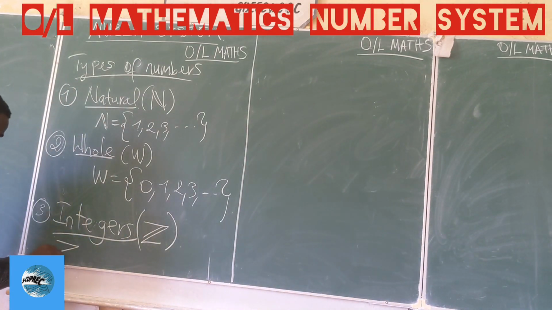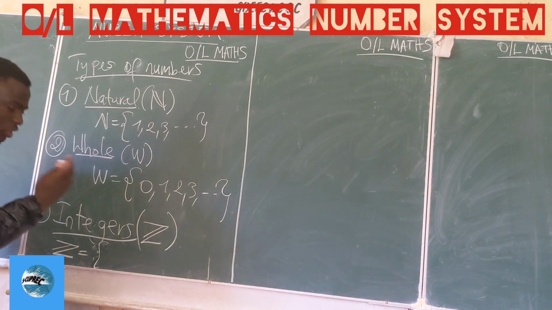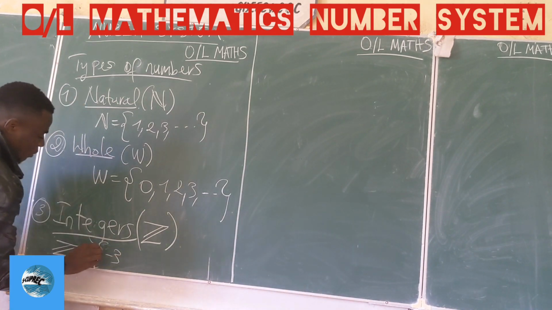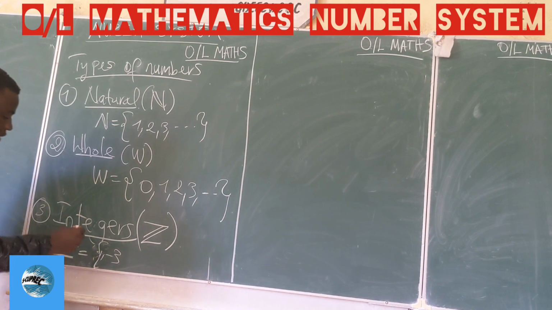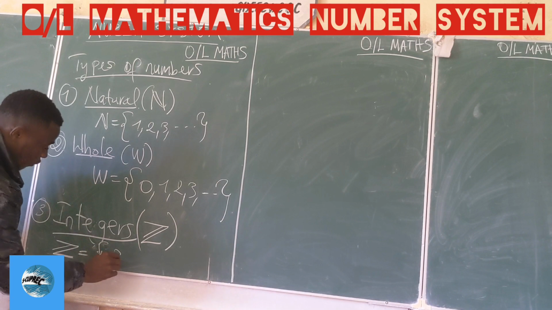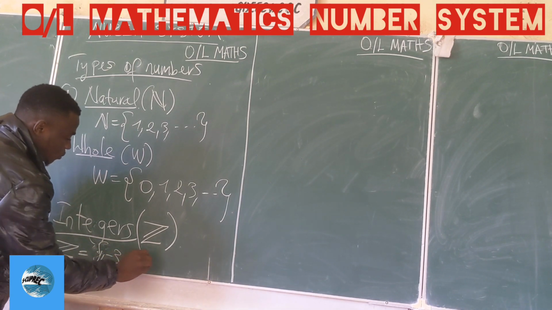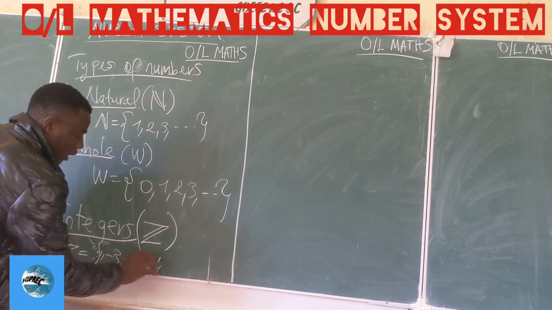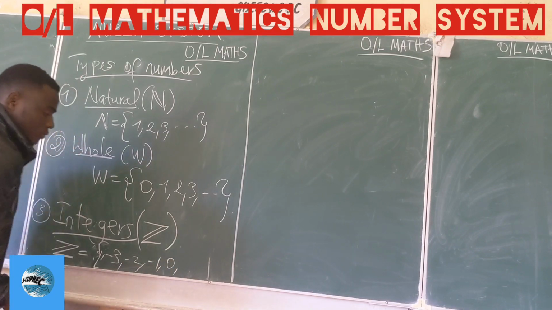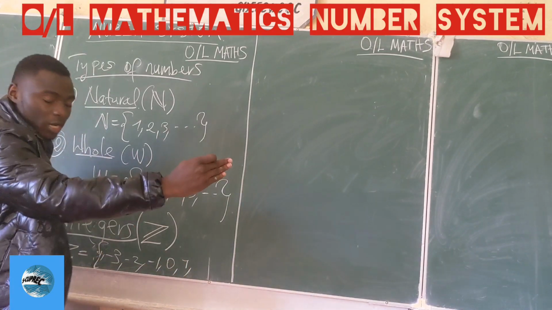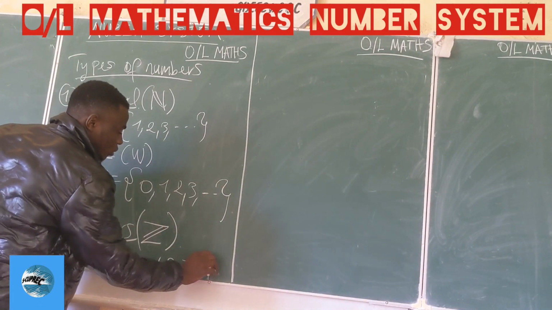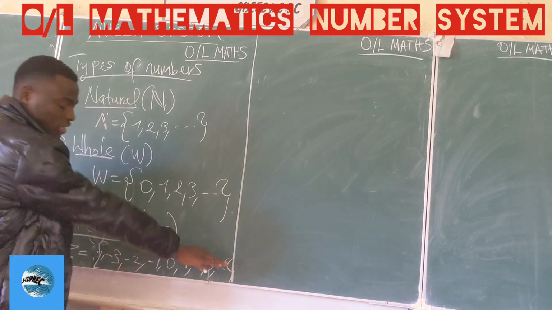If we're talking about the set Z, that means it begins from a certain negative infinity. Let's just start from negative 3. Assuming there were some numbers before negative 3, negative numbers this way. Okay? So from negative 3, we can go to negative 2, negative 1. After negative 1, we go to 0. We go now to the positive part. 1, 2, 3, and so on, right up to positive infinity.